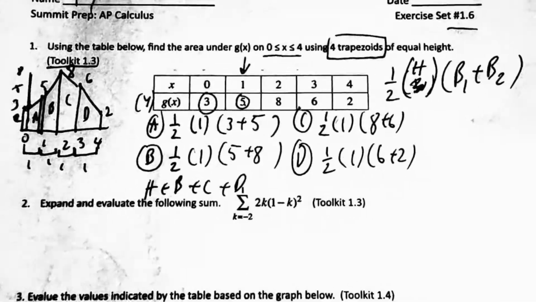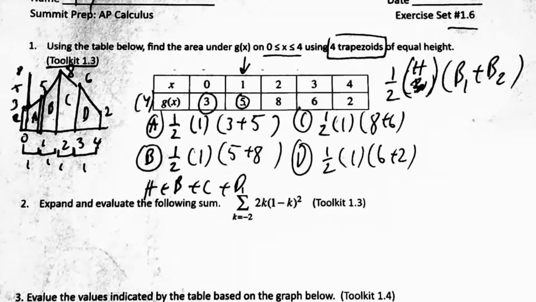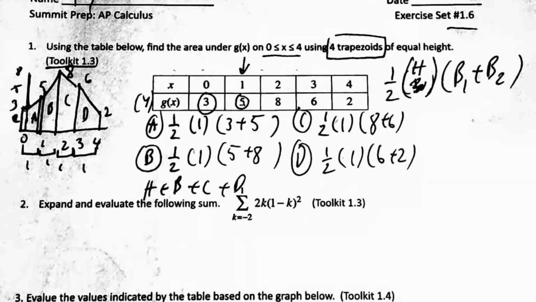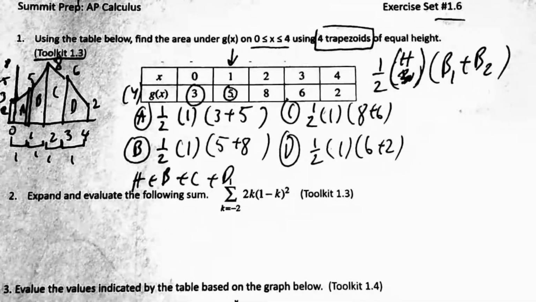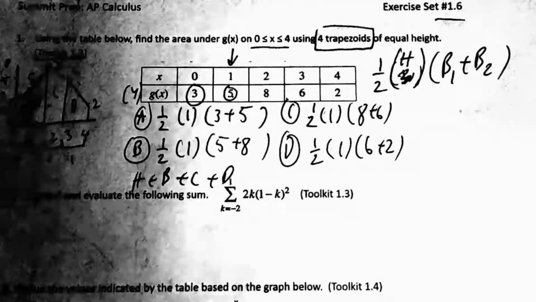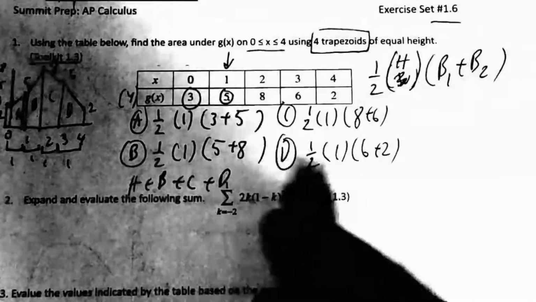Okay. And this is in toolkit 1.3 as well. So let's do it. I'm going to write it out in a different way. We're adding all these together, right?